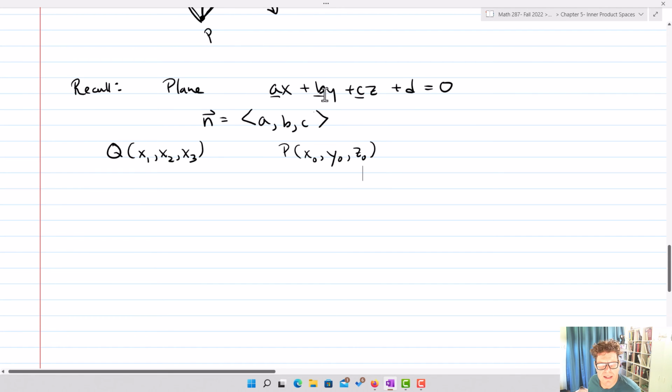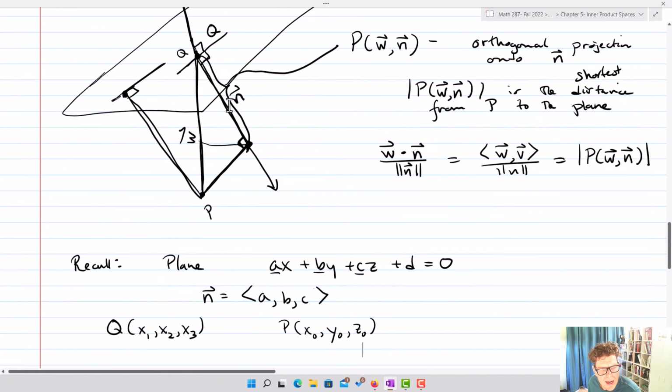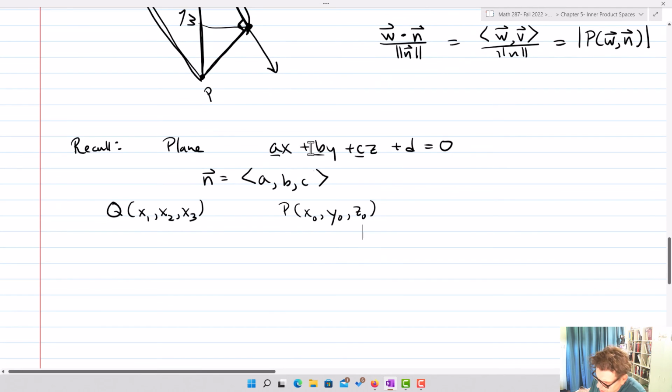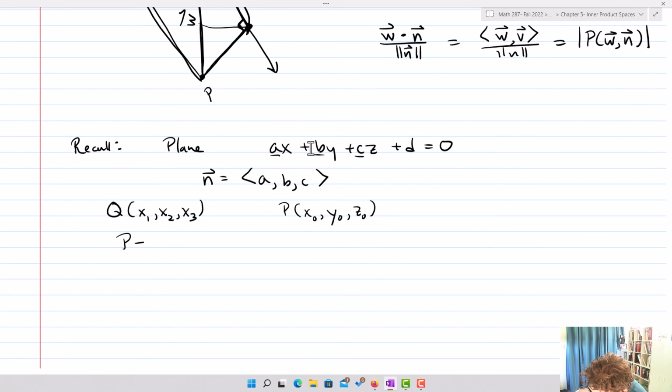Then P minus Q equals the vector W, which is X0 minus X1, Y0 minus Y1, Z0 minus Z1.